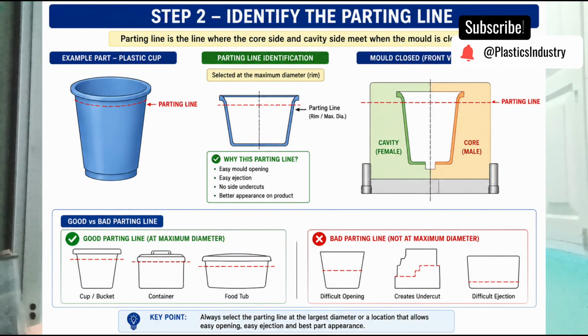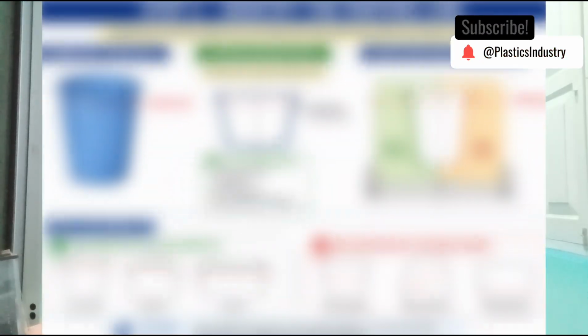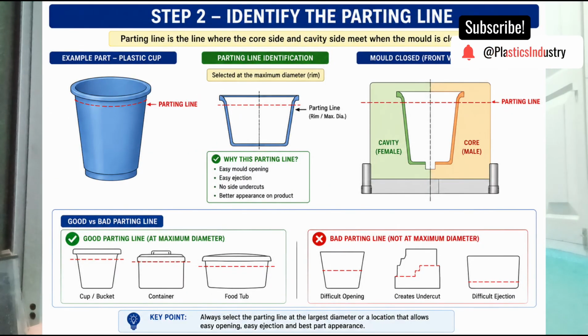For example, in a plastic container, the rim often becomes the natural parting line. In many engineering parts, the largest projected area becomes the preferred parting line. A wrong parting line can increase mold cost significantly. Therefore, experienced mold designers spend considerable time selecting the best parting line.